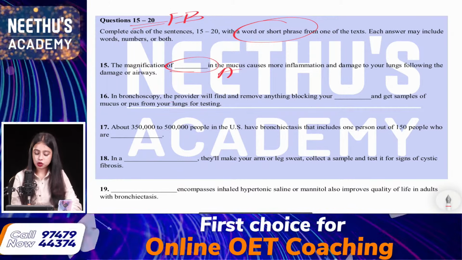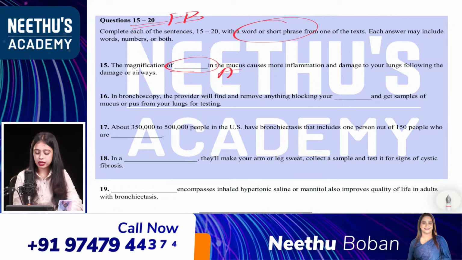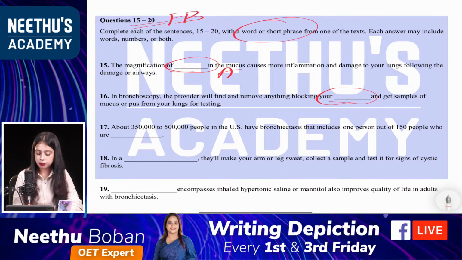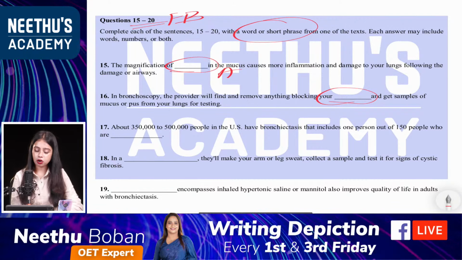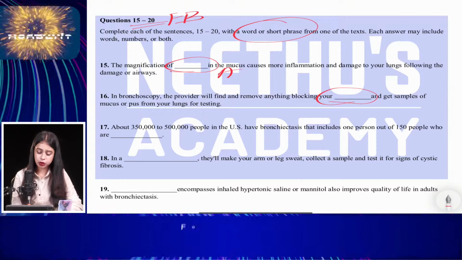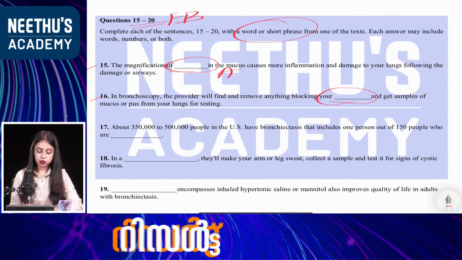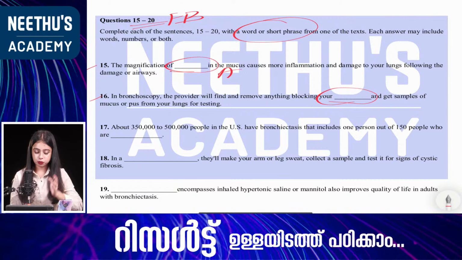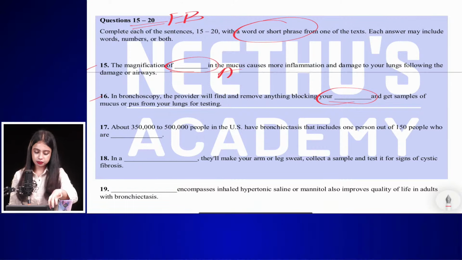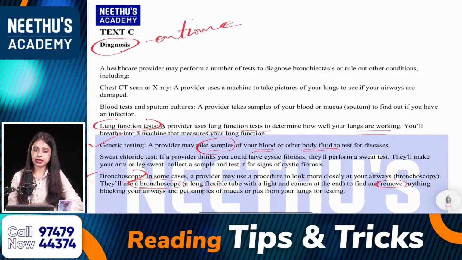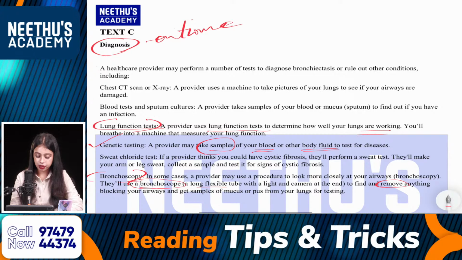16th one: in bronchoscopy the provider will find and remove anything blocking your dash and get samples of mucus or pus from your lungs for testing. So what about the 16th one, in bronchoscopy? Bronchoscopy is mentioned in text C, right? Very good. Yes, answer is airway.